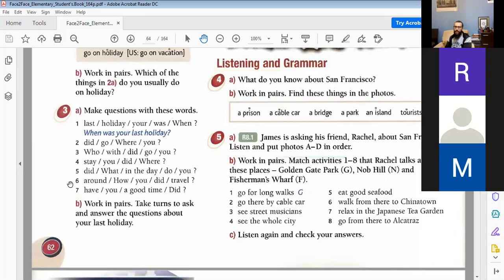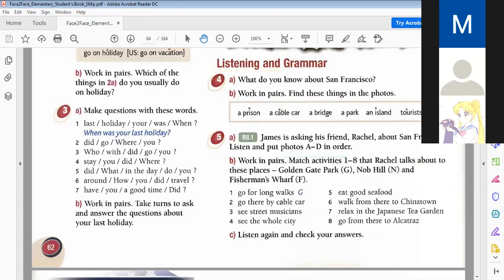That's right. Okay, number 6. Media, what about number 6? Can you hear us? Media, are you there? How did you travel around? Right. How did you travel around? That's right. And the last one, Besma, what about the last one?